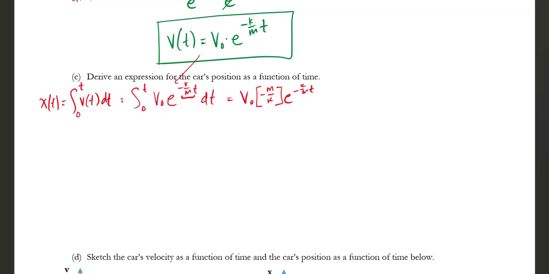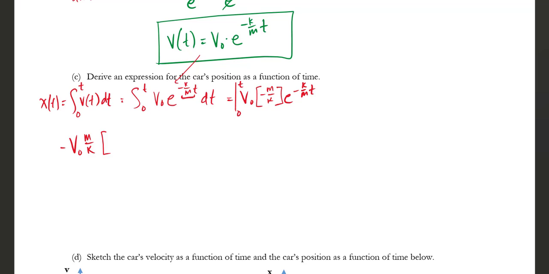This is another one of those integral identities that you learn about in calculus. Again, this is from time equals 0 to time equals t. Now if we do out our limits of integration, we can pull out negative v naught m over k in front.